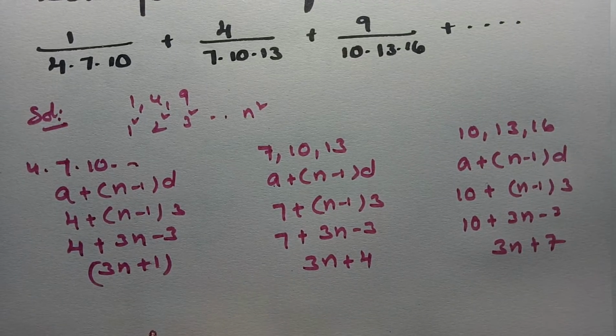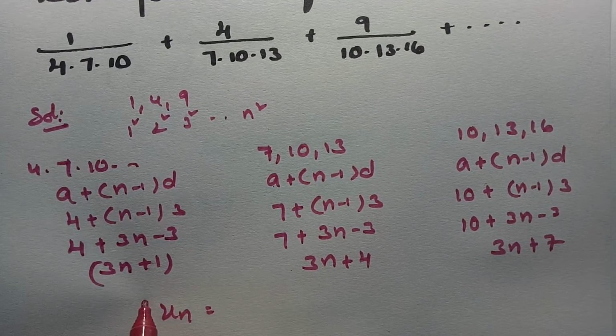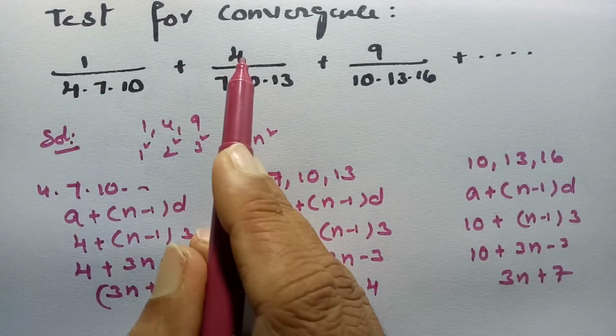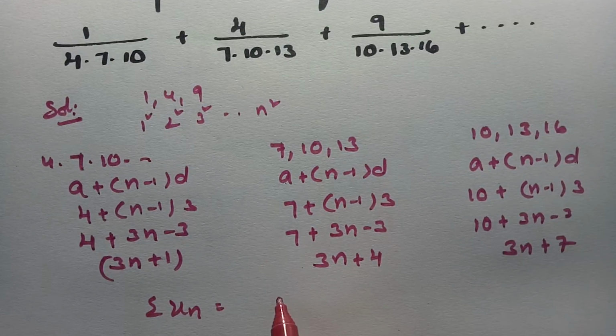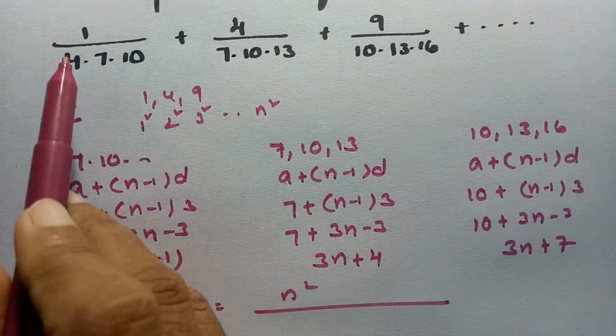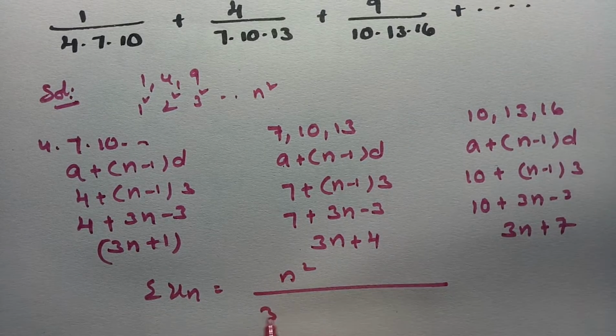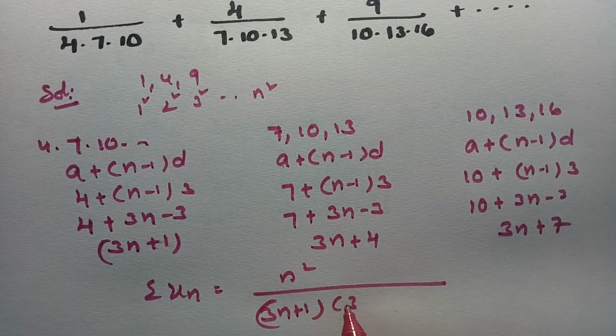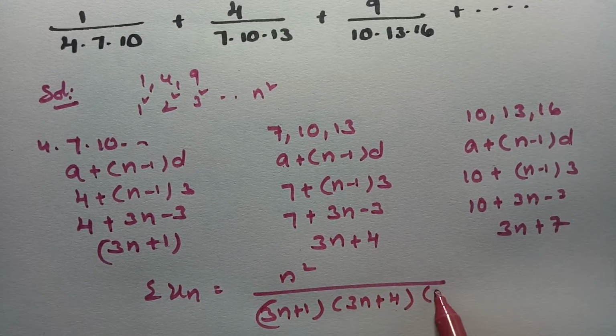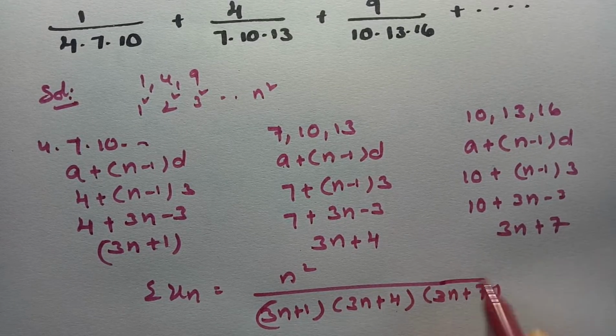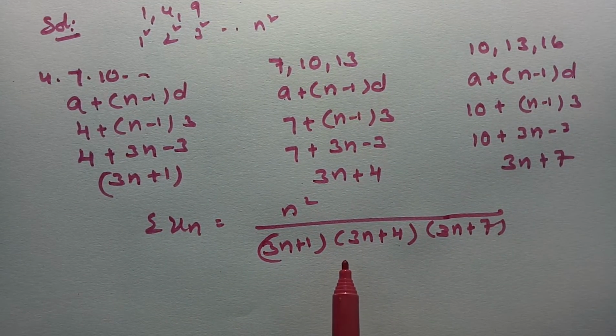Now our nth term un can be written as n square by 3n plus 1, 3n plus 4 and 3n plus 7. Now we have to test for convergence.